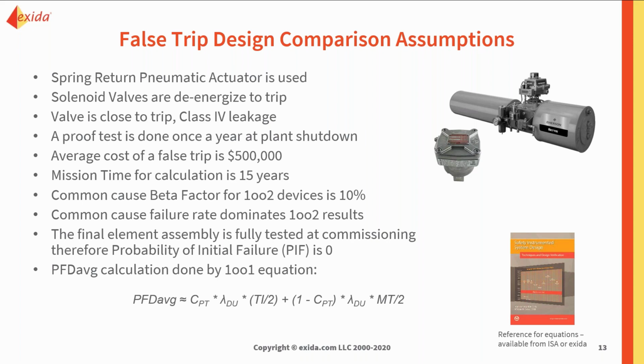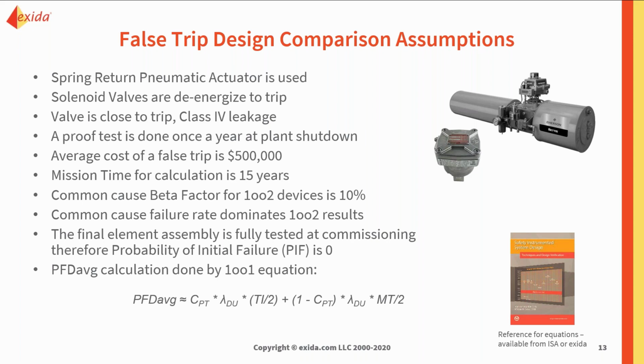With those assumptions, first of all, as I said a couple of times already, a spring return actuator was used on all of the configurations. All of our solenoids were de-energized to trip. Our valve was a close-on-trip application. We decided to do a proof test once a year during plant shutdown.